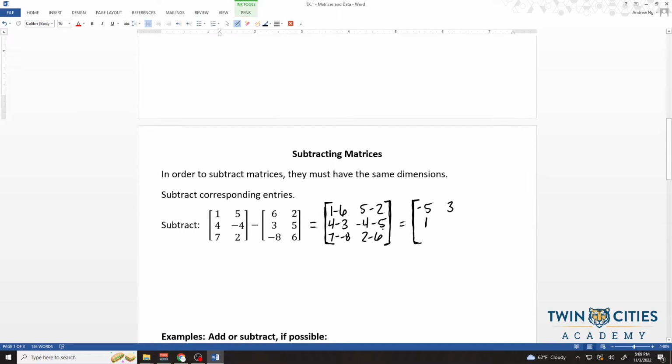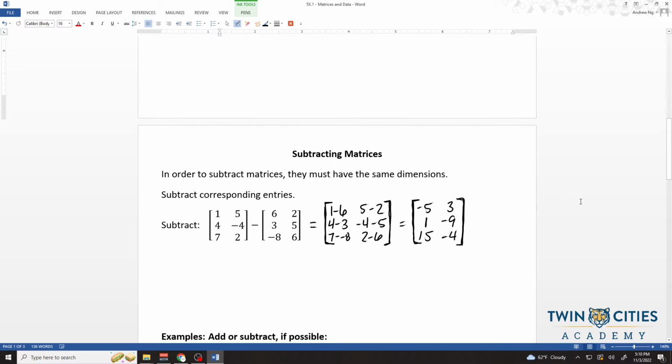Negative 4 minus 5 is negative 9 in the middle right. 7 minus negative 8, so that's going to be 15 in the bottom left. Careful with your negatives. And then 2 minus 6 is going to be negative 4 in the bottom right. All right, so this matrix here is what this one minus this one ends up being.